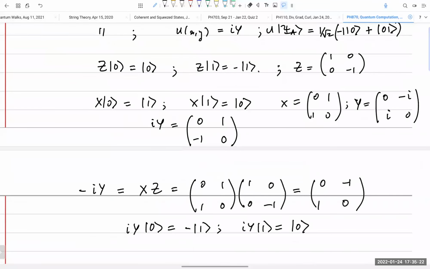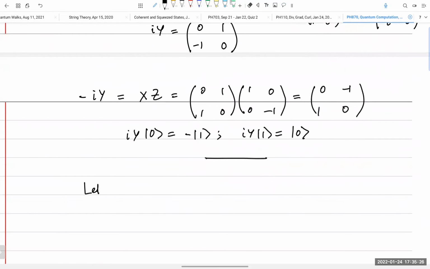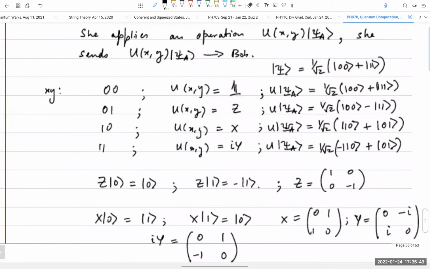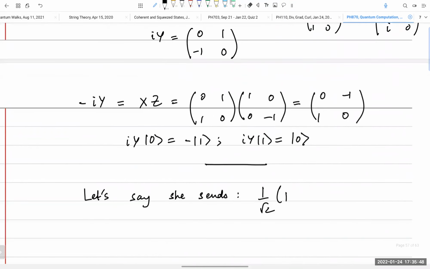Now she sends her qubit to Bob. We can pick any one of these states. Let me just pick the third one, corresponding to 1, 0. Let's say she sends this one to Bob.